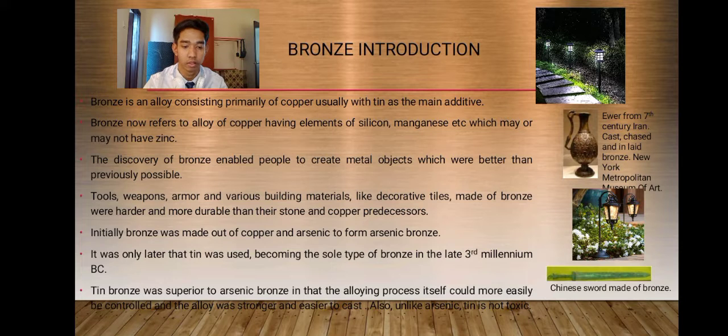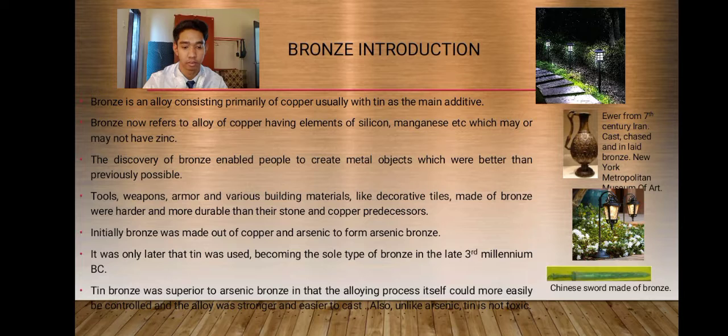And the next, initially bronze was made out of copper and arsenic to form arsenic bronze. It was only later that tin was used, becoming the sole type of bronze in the late 3rd millennium BC.